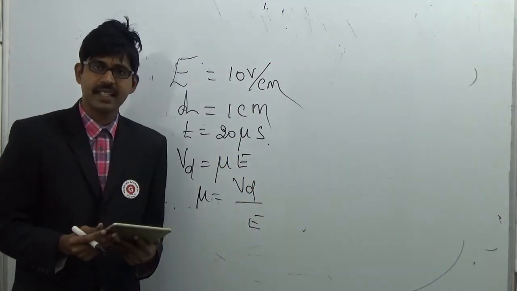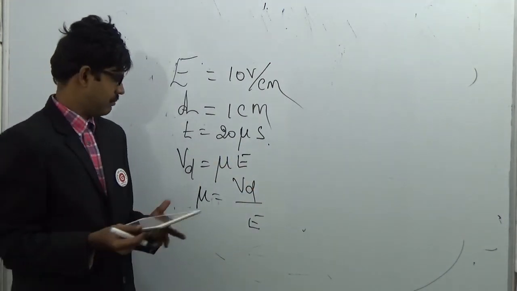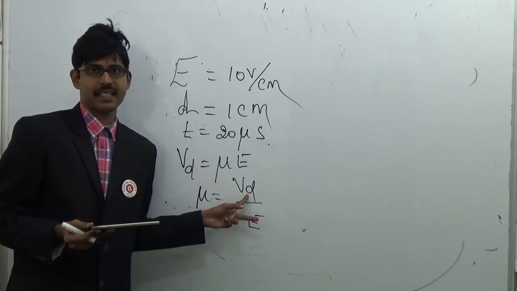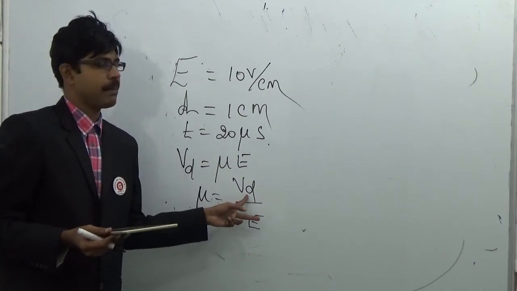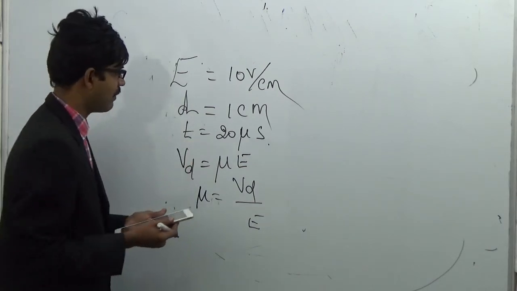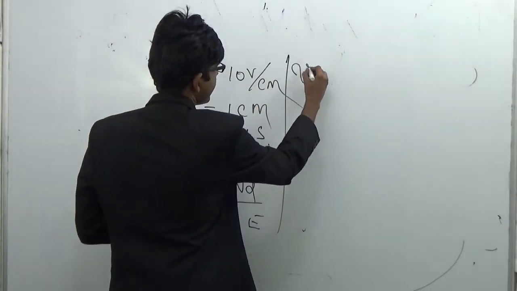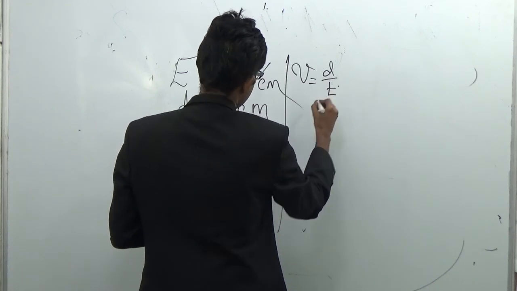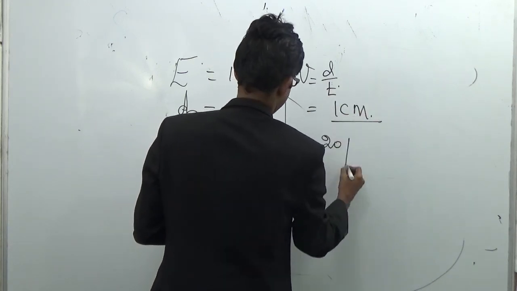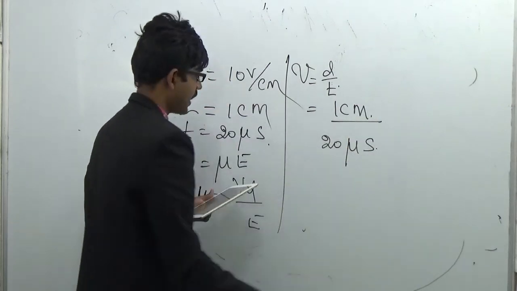But in the question, the drift velocity is not straight away given, but the velocity is indirectly given by other parameters: distance, time. So what is velocity formula? Velocity is displacement by time. So you have 1 centimeter distance, 20 microsecond time.